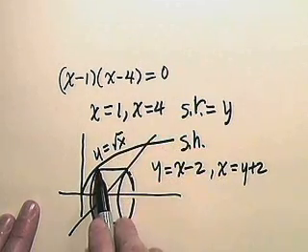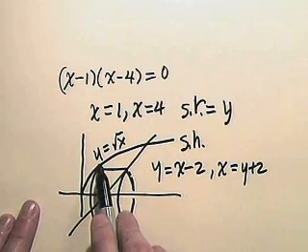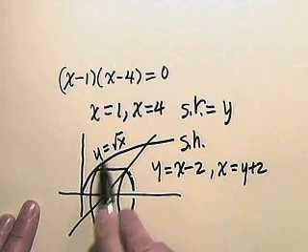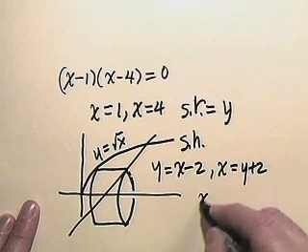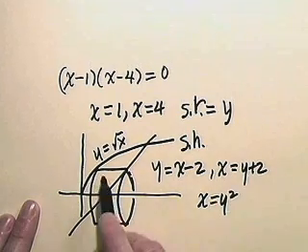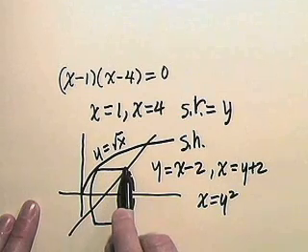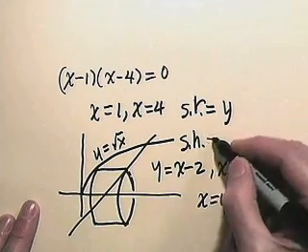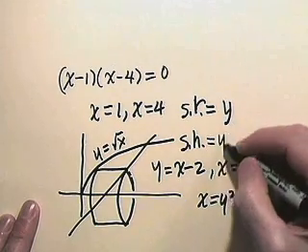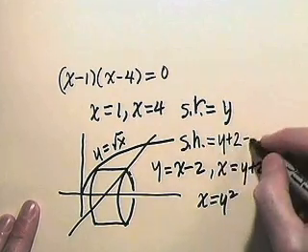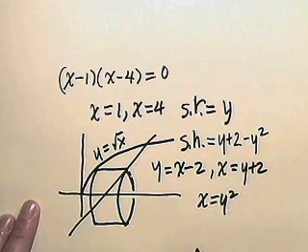And so consequently, that's the curve, if I square both sides, x equals y squared. So here we have y squared as an x coordinate. Here I have y plus 2 as an x coordinate. And so the shell height is the difference of those, y plus 2 minus y squared.